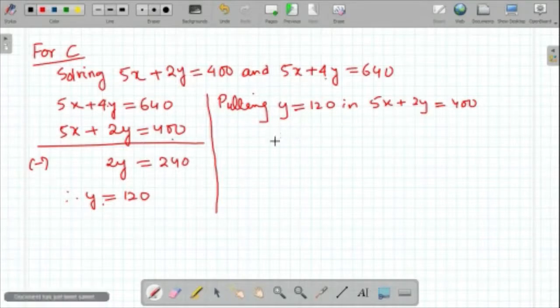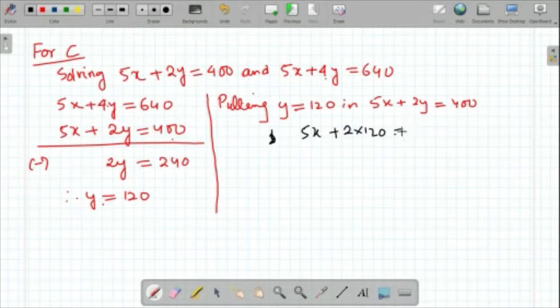So in this case, what will we get? 5x plus 2 into 120 equals to 400.